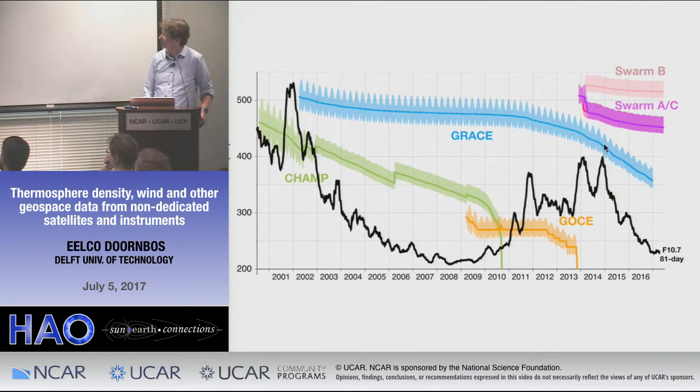This slide also already shows you a bit why we are interested in this data, because you can see that, for example, GOCE is a good example. There are varying levels of orbit decay. At low solar activity, the decay is very slow, and then when we get to high solar activity, you can see that it's really ramping up, and the satellite is decaying rapidly.